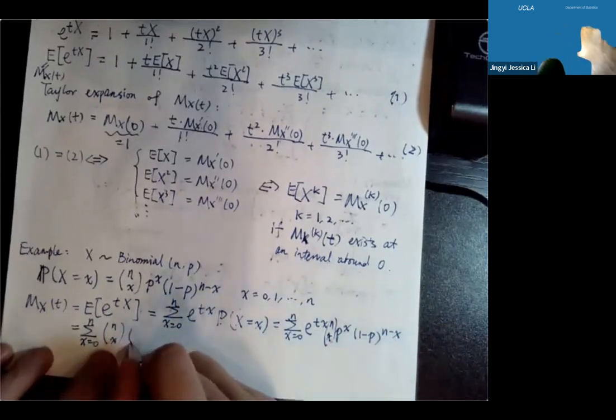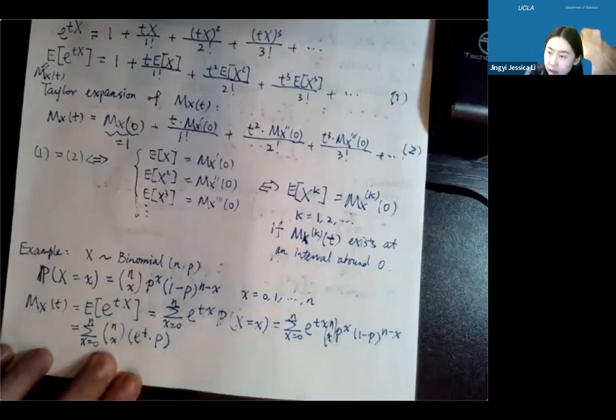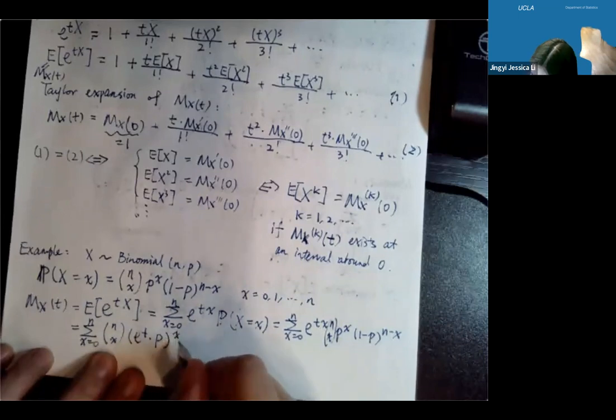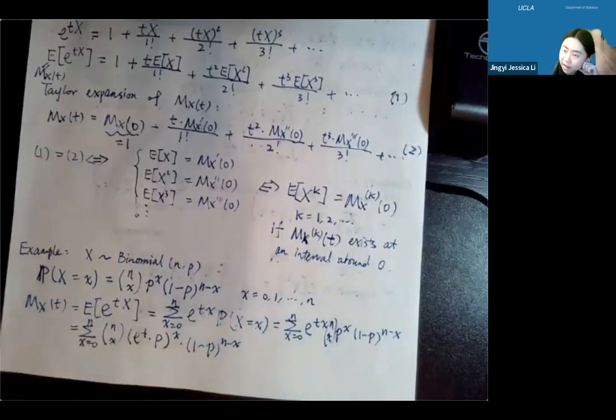So I have e to the t times P, their product, to the power x, times 1 minus P to the power N minus x. Okay, so now I'm at the so-called binomial formula.